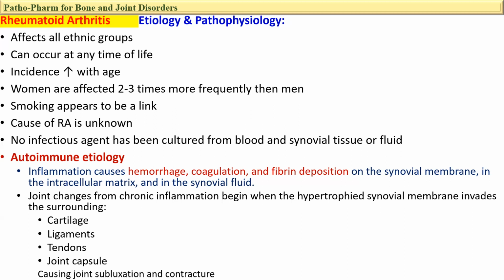So we have RF, rheumatoid factor, as an antigen, and the autoantibody IgG. RF with IgG will form immune complexes, and they will initially deposit in the synovial membrane of the affected joint.